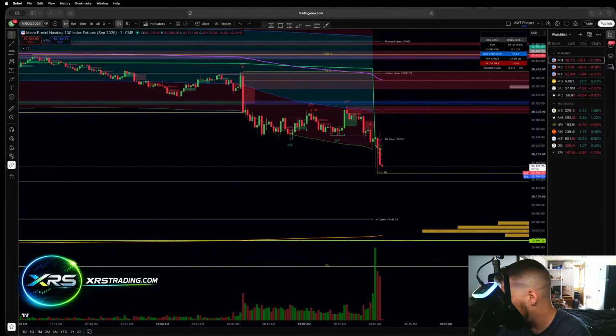But outside of a continuation short right now, I'm not going to trade just because of the news about the hit. Just trying to find some traction here.